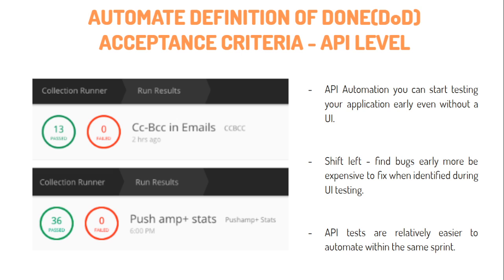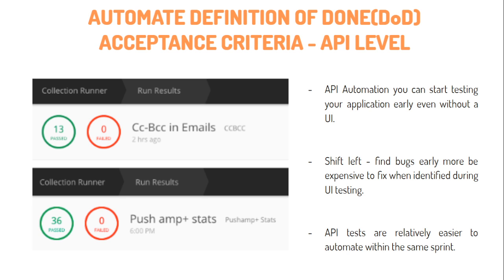In our organization, we are trying to embrace this, and we are adding automated tests for every user story in the sprint. When you start doing that, your backlog will reduce. You will not have too many tests to automate in your backlog.